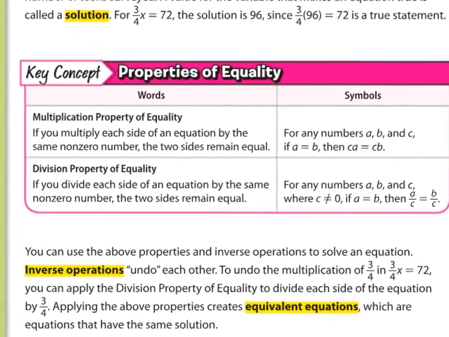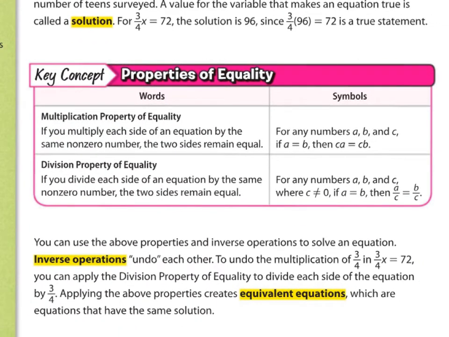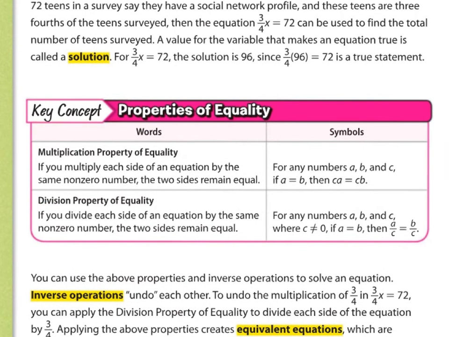Okay, let's take a look here at the key concepts. In order to solve these equations, we have to use properties of equality, and there is the multiplication property of equality and the division property of equality. For example, in this question that we saw up here, we would have had to use the division property of equality because we have to use the opposite operation that is being used there.